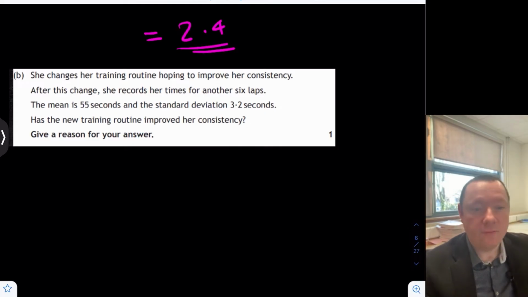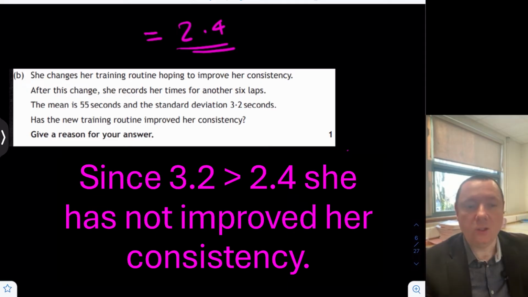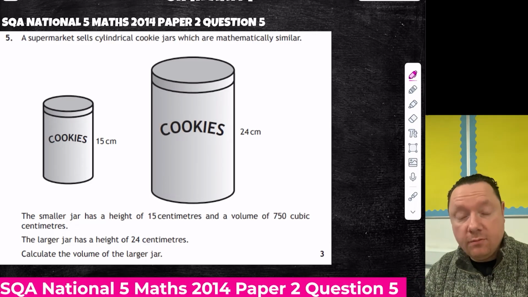So we can say that she has not improved her consistency. Okay, so all you have to do is basically say that the standard deviation is bigger, so she's not improved her consistency.